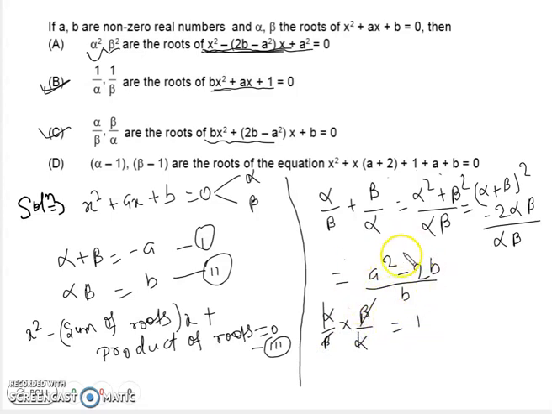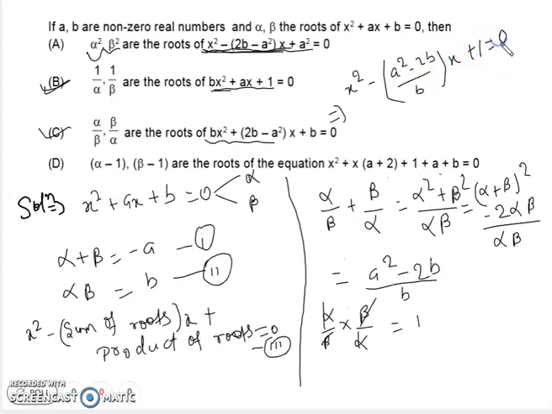After putting all these values in equation third, x square minus sum of roots, where the sum of roots is (a square minus 2b) by b, into x plus 1 is equal to 0.